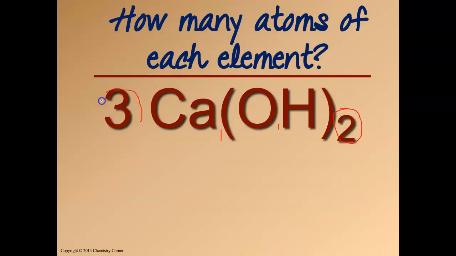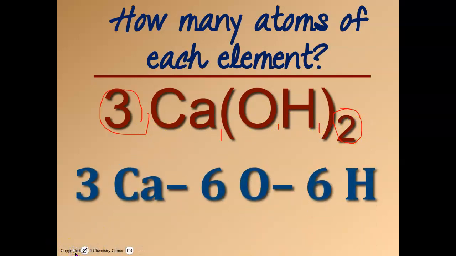And then I also have to multiply it by this 3. So 1 times 2 is 2 times 3 is 6. And then the same with hydrogen. 1 times 2 is 2 times 3 is 6. So we have 3 calcium, 6 oxygen, and 6 hydrogen.